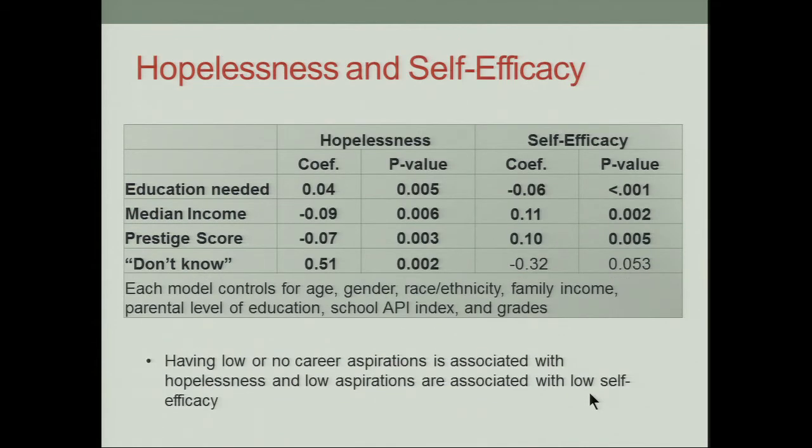And then we looked at hopelessness and self-efficacy, and we found that regardless of which way we measured career aspirations, after controlling for sociodemographic, school quality, and individual academic achievement, low career aspirations were associated with hopelessness and lower self-efficacy. And having no career aspirations was associated with hopelessness, and although just barely not statistically significant, there's a trend towards also lower self-efficacy.